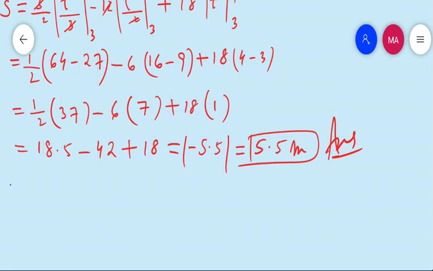We have the values of t which we found in part A, the critical values of time. That is 2 seconds and 6 seconds. And we have to find the total distance in the first 10 seconds.